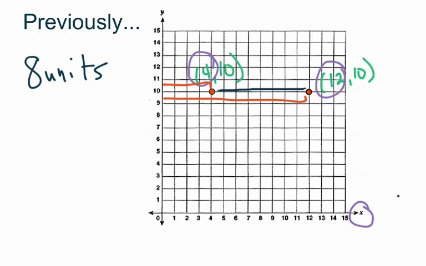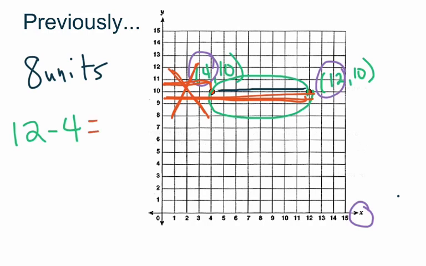So if all we want is to know the length of this line, we're going to do 12 minus 4. We're going to take this entire line here, this 12 away from the y, and we're going to subtract this 4 away from the y because that's not part of the line we're trying to find. So by subtracting these two, we find that this line is 8 units long.